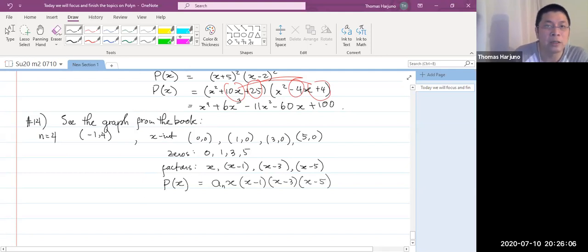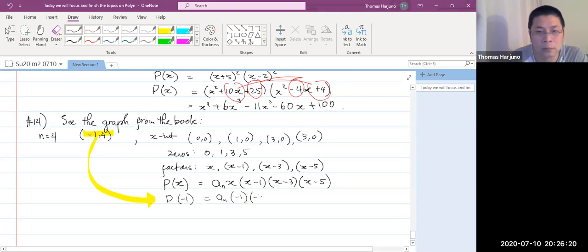Now it is said that (-1, 4) is one of the points on the graph. So if x is -1, P(-1) is 4. 4 equals the leading coefficient times -1 times -2 times -4 times -6.